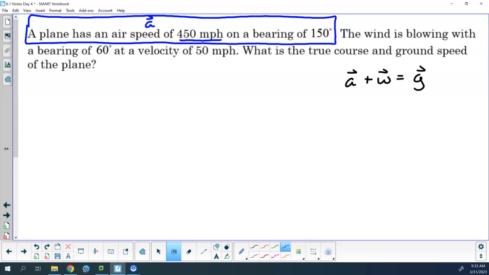So what is that of vector A? That's the magnitude of vector A. It has a bearing of 150 degrees. That's my vector's, oops, I put V there. That's my direction angle, correct?